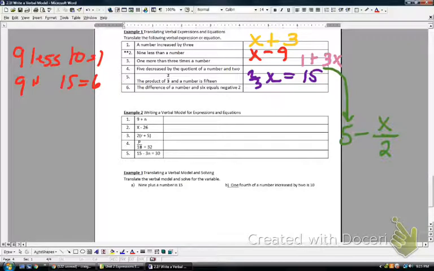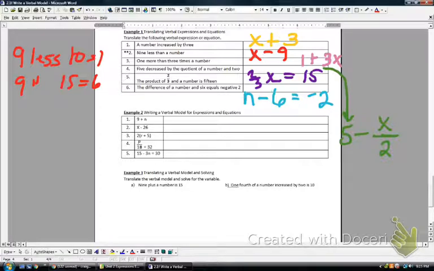And then my last one is the difference of a number and 6. So I'll use an n for that one, equals -2. All right, and this should be 6.